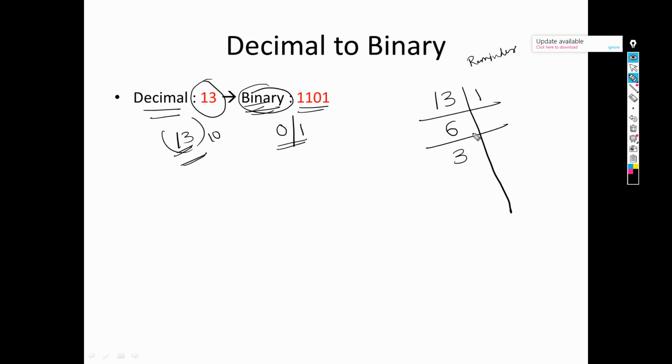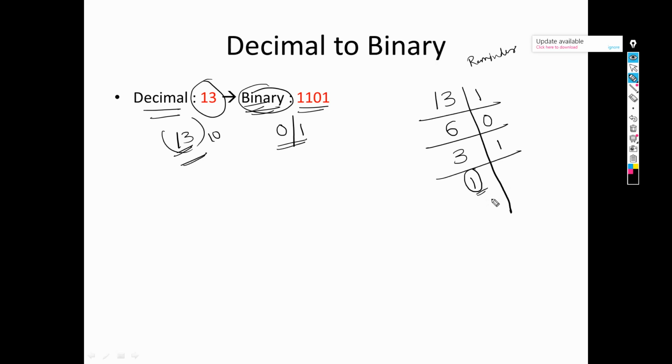That gives me 3, and 3 2s are 6, so the remainder is 0. Again I divide 3 by 2. So 1 into 2 is 2 and the remainder is 1. The process is to be repeated until you get 1 here. Finally, since I reached this location, the value is 1. This is the end of the process.